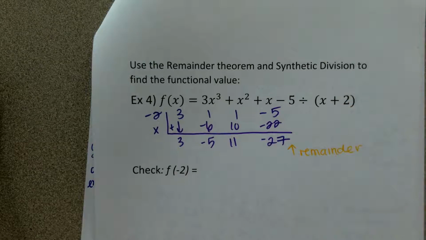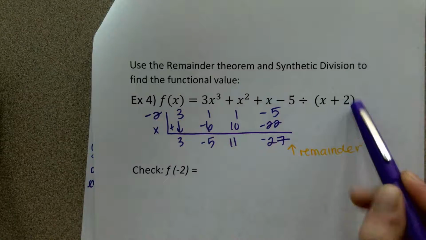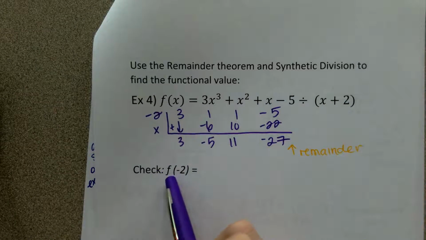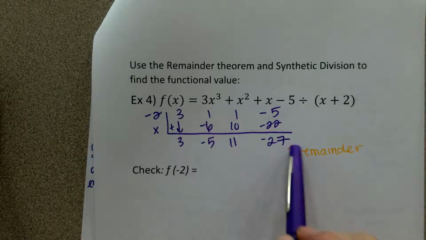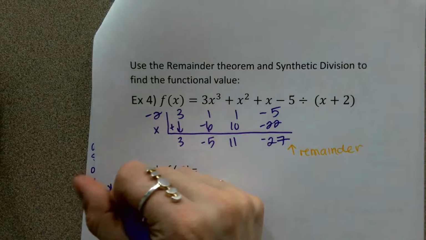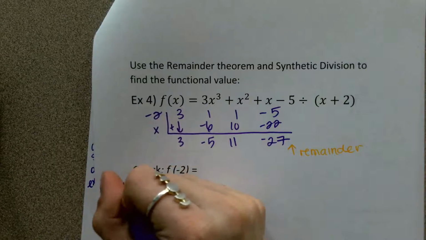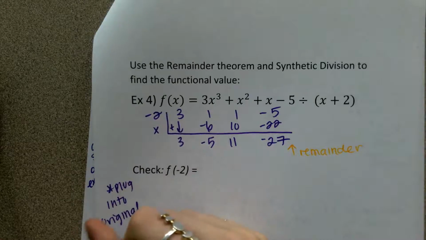It says that since we're dividing by x plus c, then f of -c is going to give me my remainder. We check by plugging into the original function.